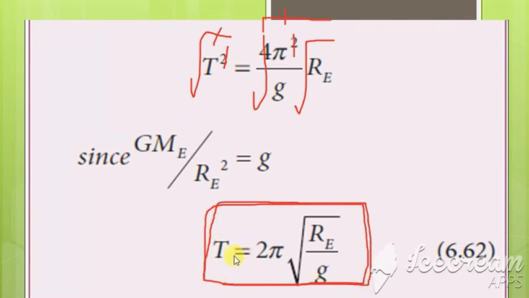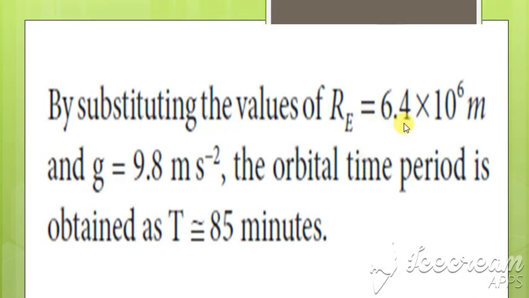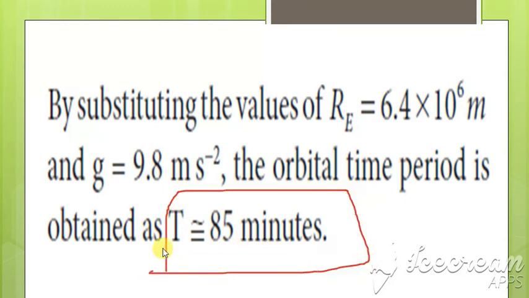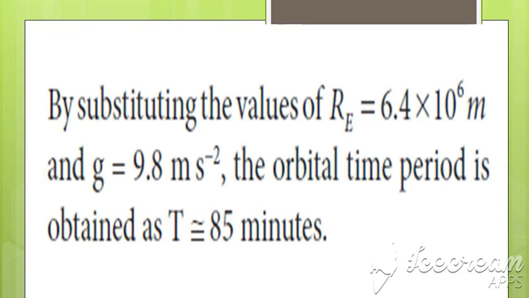So time period of a satellite is T is equal to 2 pi into root of RE divided by G. So substituting the value of R to be 6.4 and G to be 9.8, we get the orbital time period, which is 85 minutes. So for one satellite to revolve around the earth, it takes a time period of 85 minutes. Clear with this? Thank you.